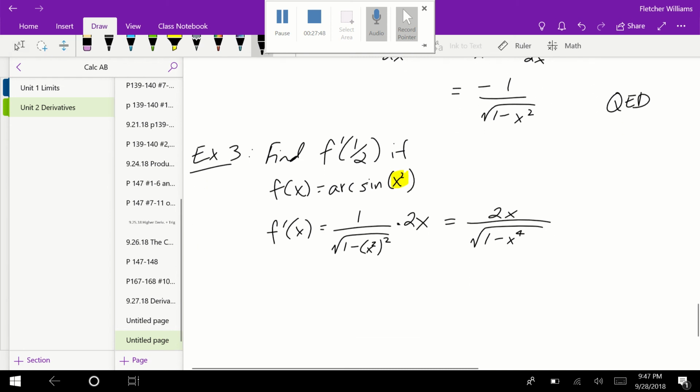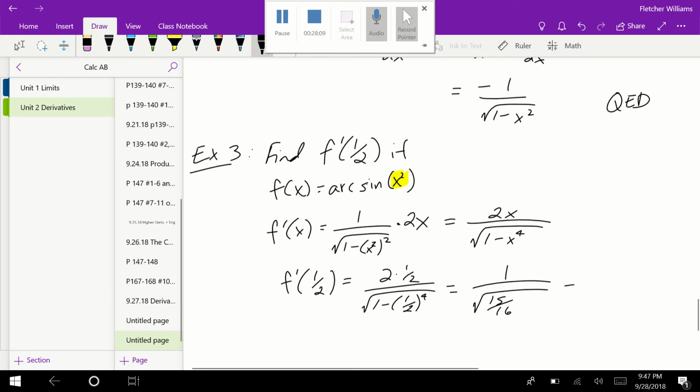Okay, so then we can conclude that f prime of a half is 2 times a half, over root 1 minus 1 half to the fourth, gives you 1 over root 1 minus 1/16. It's 15/16, which will just be 4 over root 15, because I'm taking the reciprocal of root 15 over 16.